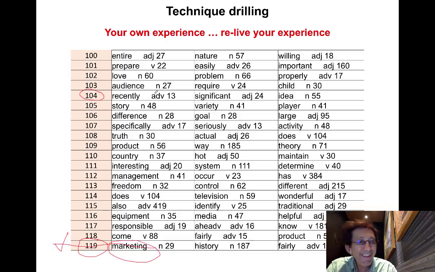Is that okay, Dolma? Or do you want me to change to page 48? Okay, fine. Recently, significant, idea. Is that okay? No. Okay, you don't like that one? How about 103? Required, children. Okay, child.